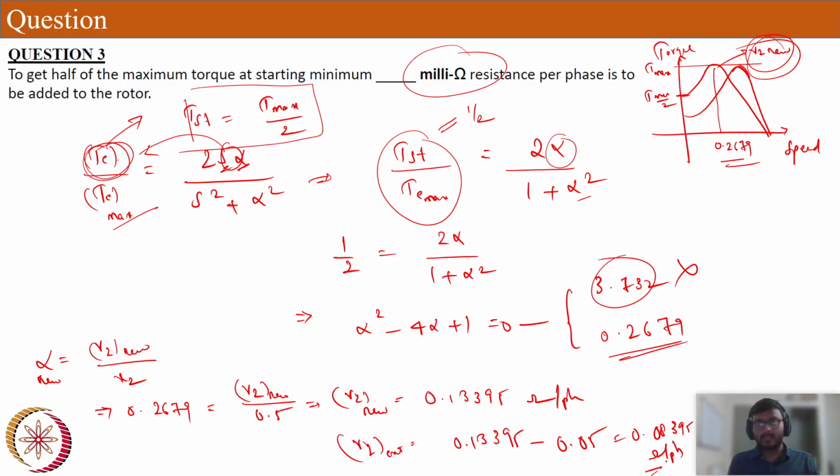So this is the answer. But in the question it was asked in milliohms, so you can just multiply it by 1000. That is 83.95 milliohms per phase. This is the value of the resistance you need to add to the rotor circuit, so that you will get half of the maximum torque at the starting itself.